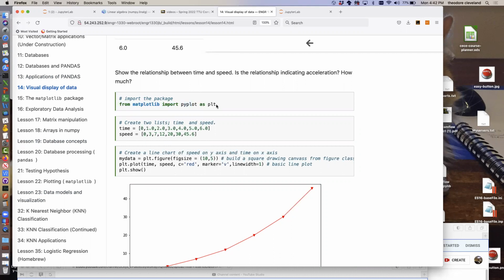When that's done, what does plt represent? So what does it represent? Pyplot. You're very close. It represents the pyplot function.